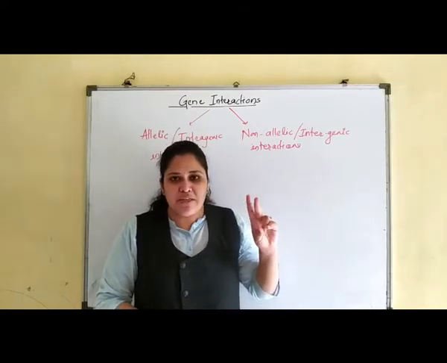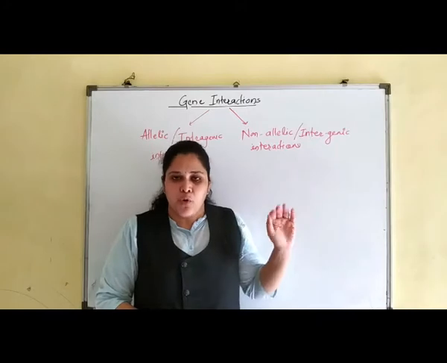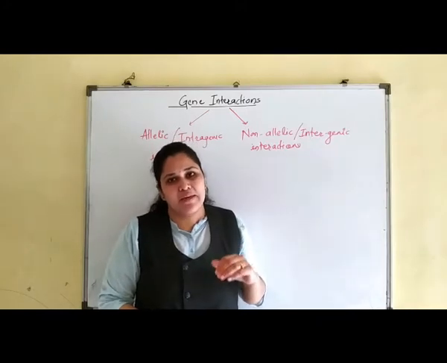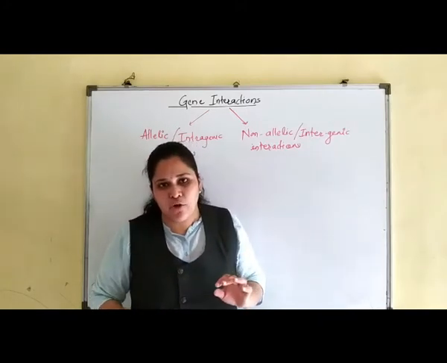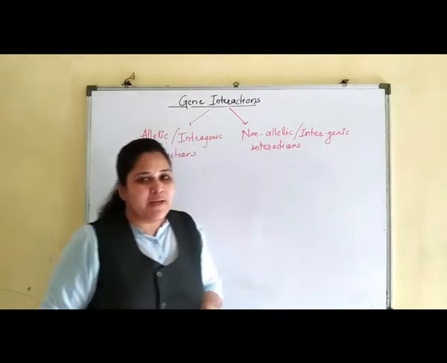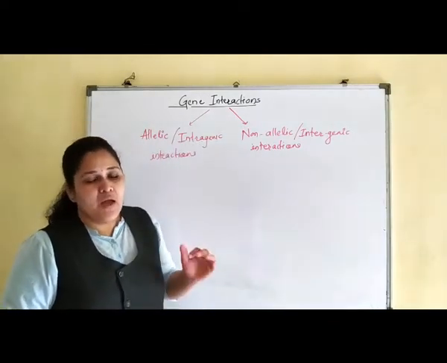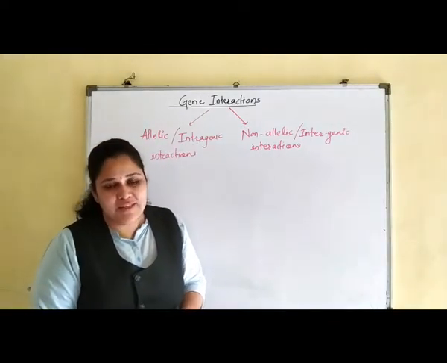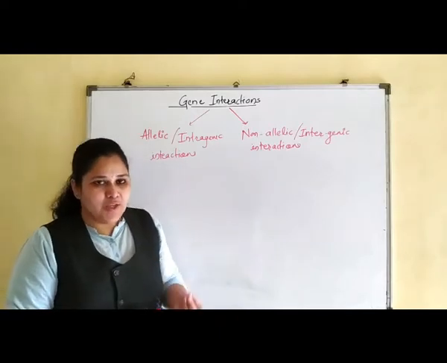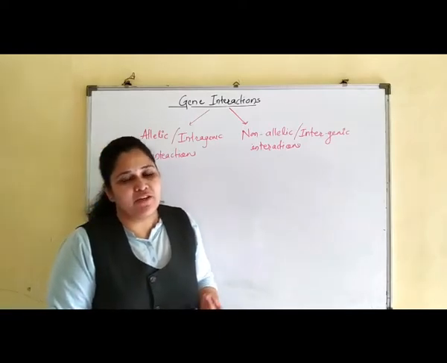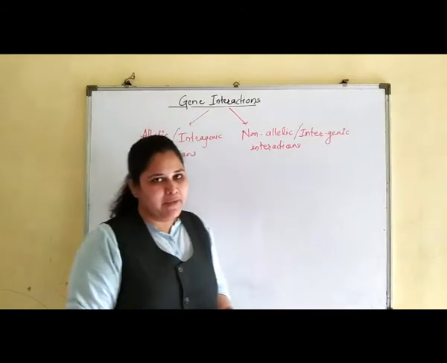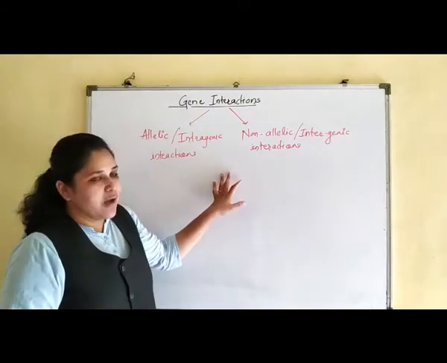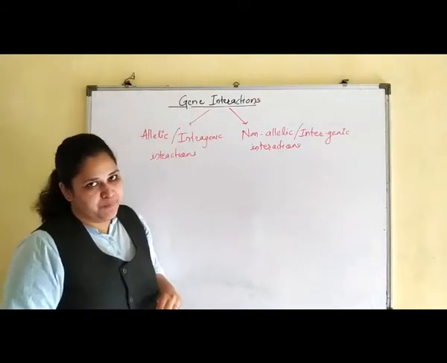So there is no interaction among these two. One expresses, one remains hidden. There is no blending at all. There are some exceptions where Mendel's law of dominance is not applicable, and Mendel's law of independent assortment is also not applicable. All these come under gene interaction.